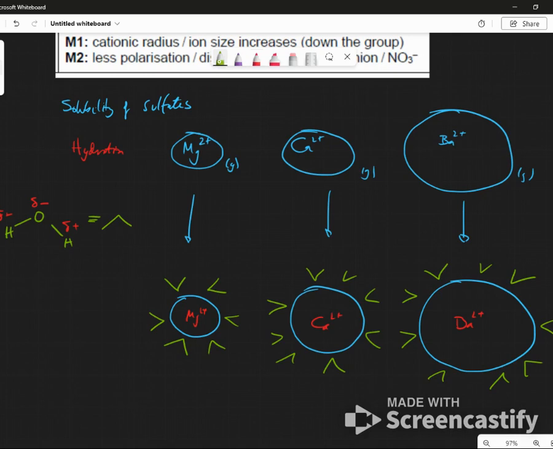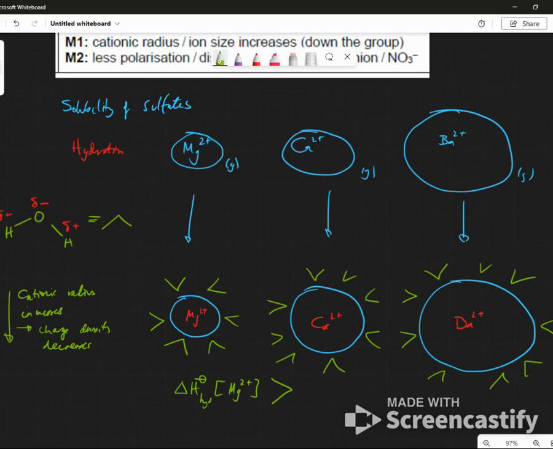As you go down group 2, the cation radius increases. And this leads to the charge density decreasing. So believe it or not, the delta H of hydration for magnesium ions is more exothermic.